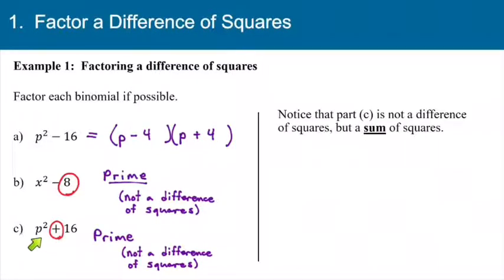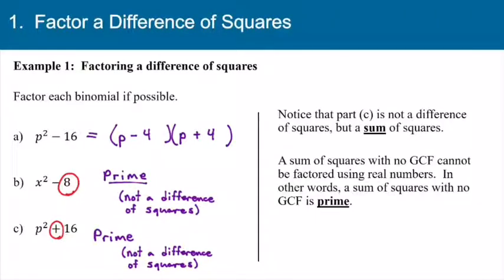Now, although part C is not a difference of squares, it does have a name. Plus means sum. So this is a sum of squares. And a sum of squares with no GCF cannot be factored using real numbers. In other words, if we had a GCF here, we could at least factor that out. But a sum of squares is never going to factor, so the sum of squares is always going to be prime.